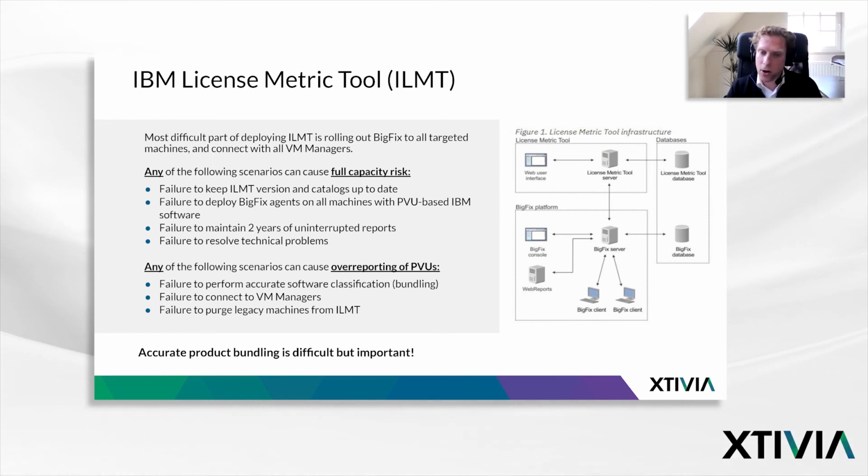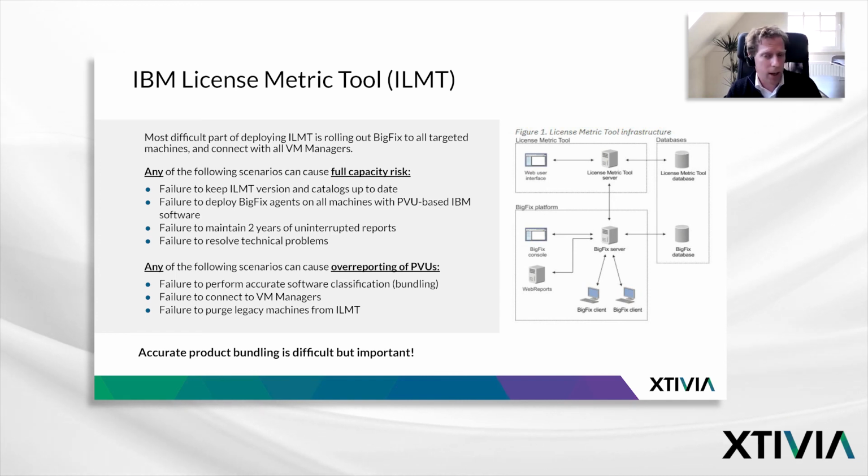So all the agents are connecting, and most importantly, that your reporting is configured correctly, because by default, ILMT reports are inaccurate. They make certain assumptions about what's installed, but you have to go through a software classification process to make sure that all the installations are reported correctly.